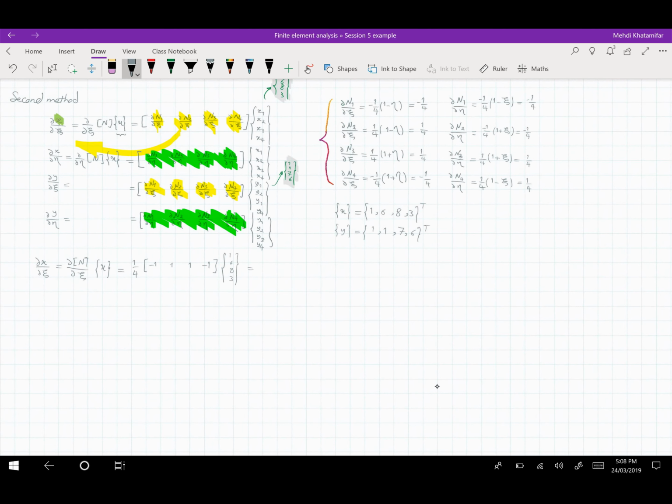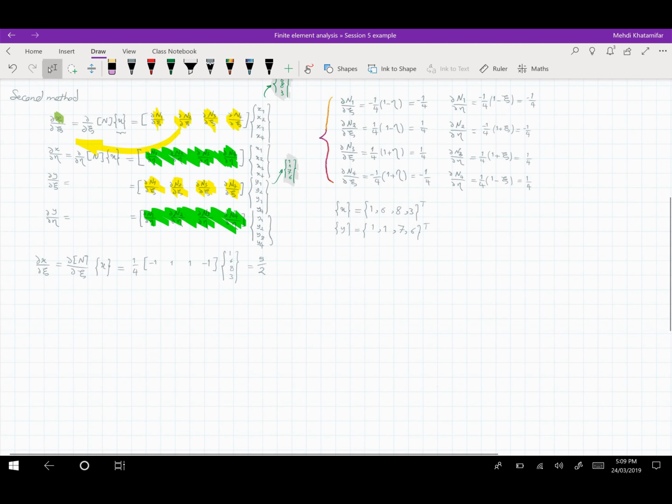If you multiply these two, the matrix and the vector, -1 multiplied by 1, +1 multiplied by 6, plus 1 multiplied by 8, -1 multiplied by 3, all of those summed and multiplied by 1/4, it is going to be 5/2. Beautiful.